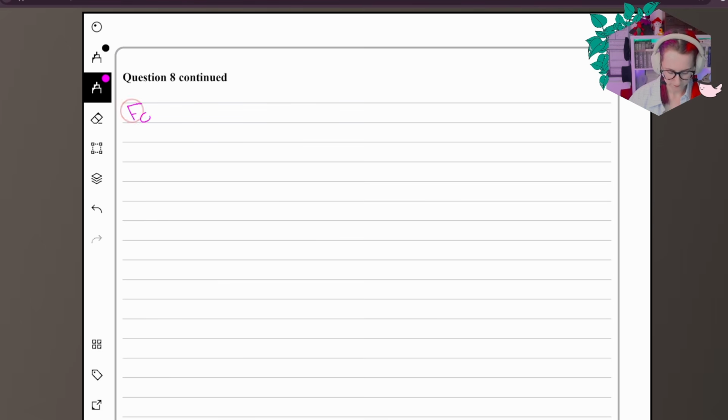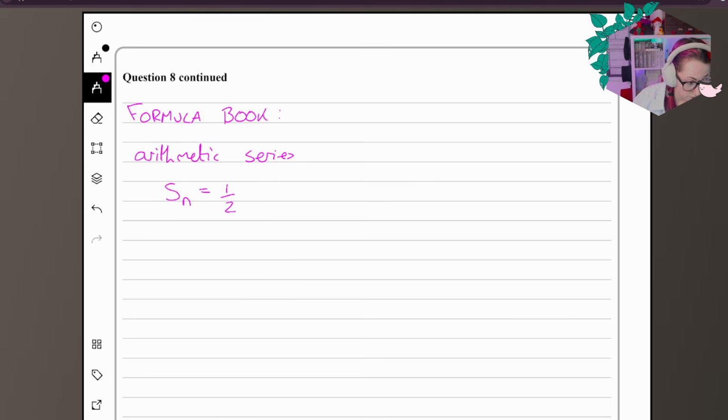So from the formula book, we have the arithmetic series, where S of n is 1 over 2 n times a plus L, or 1 over 2 n times 2a plus n minus 1 d. I love it when I mix brackets. There we go.